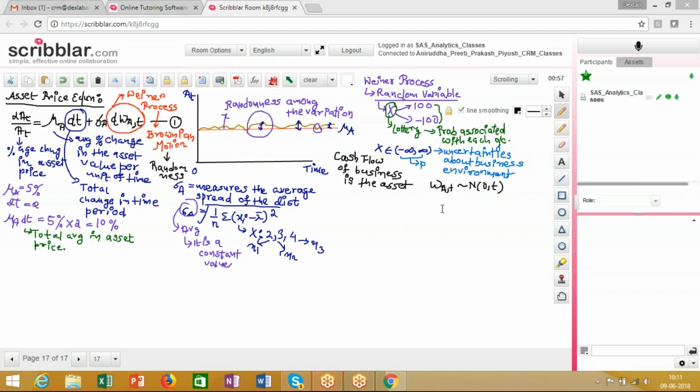So in a way you can say that it talks about the asset price growth in a situation where there are fluctuations which are driven by business uncertainties.